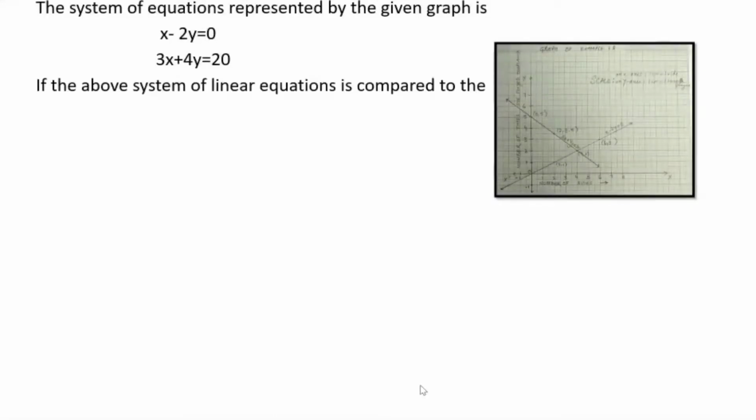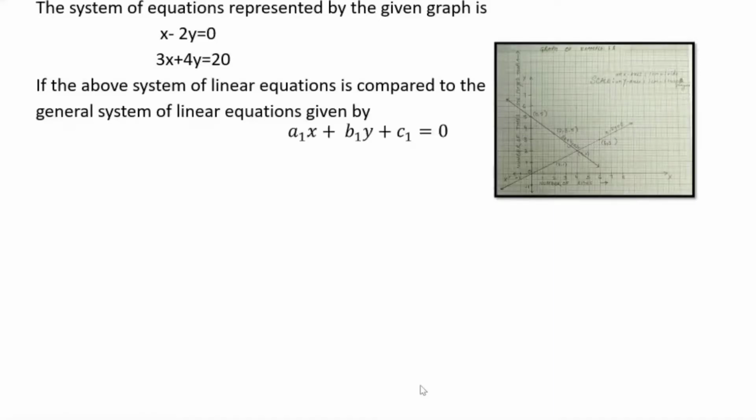For example, let us take these two equations. My first equation is x minus 2y equal to 0 and the second equation is 3x plus 4y equal to 20. Now, if I compare it to the general system of equations, the general system of equations is given by a1x plus b1y plus c1 equal to 0 and a2x plus b2y plus c2 equal to 0.